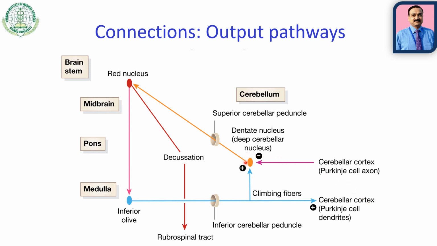From the dentate nucleus, deep cerebellar, through superior cerebellar peduncle to the red nucleus, then from the cerebellar cortex or the Purkinje cells to the inferior olivary nucleus. So these are the output pathways.